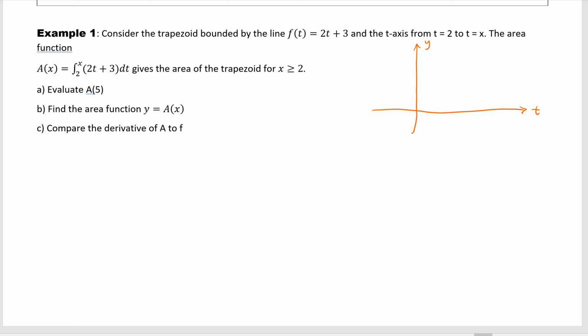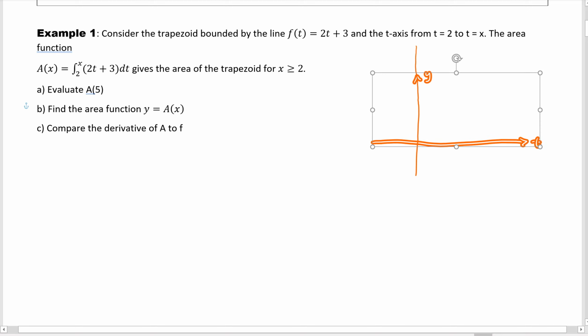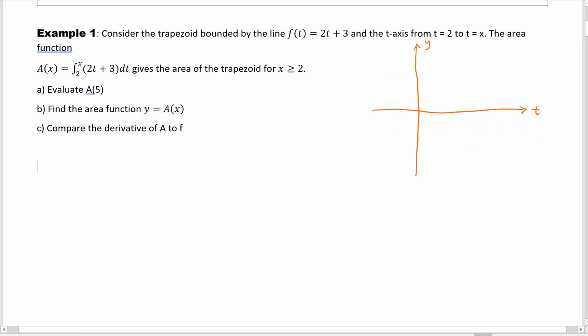Okay, so the line 2t plus 3. I'm going to make it longer, and I'm going to move my t a little bit. Oops, it also moved my y. It's okay. Let me redraw the t.